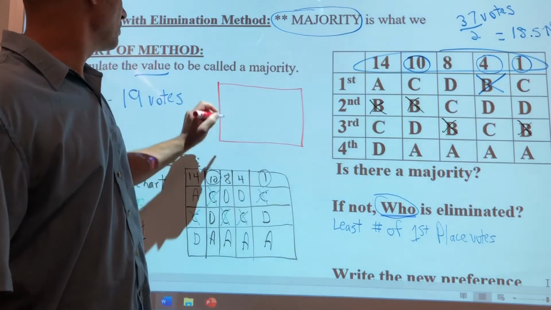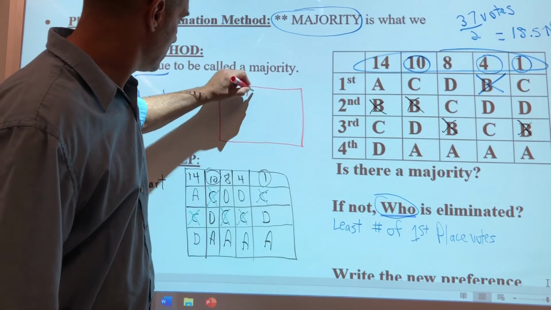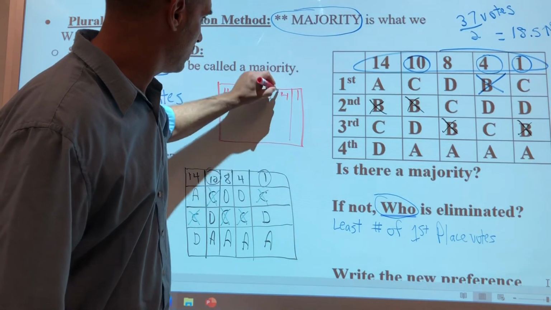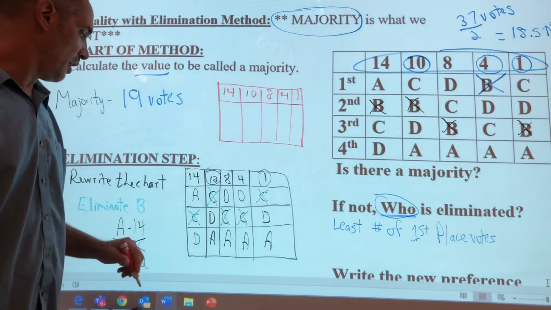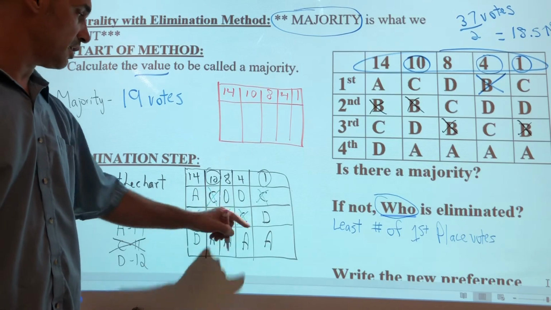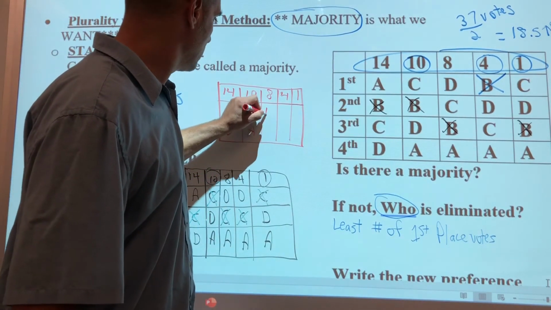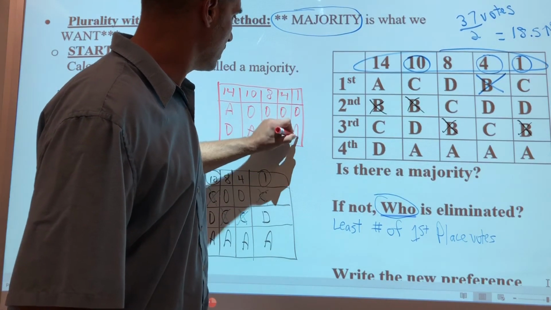It's going to be real easy. All right, we got 14, 10, 8, 4, and 1. And here we have A, D, and then the rest are going to be D, A, D, A, D, A, D, A.